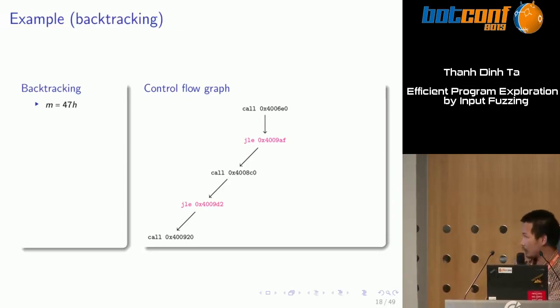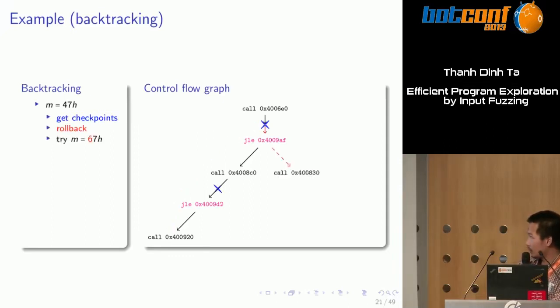Now I will introduce our algorithm. We start the program with a concrete input, and we receive the first trace, and we detect the checkpoints, and then we roll back to the first checkpoint. Here we try to modify the input, for example 67, and we detect that this input changes the decision of the first conditional branch, and then we roll back immediately.